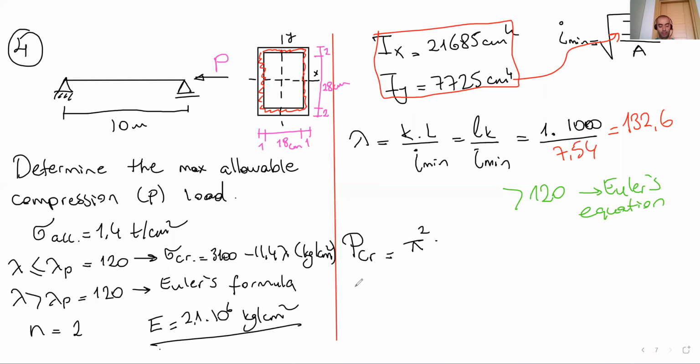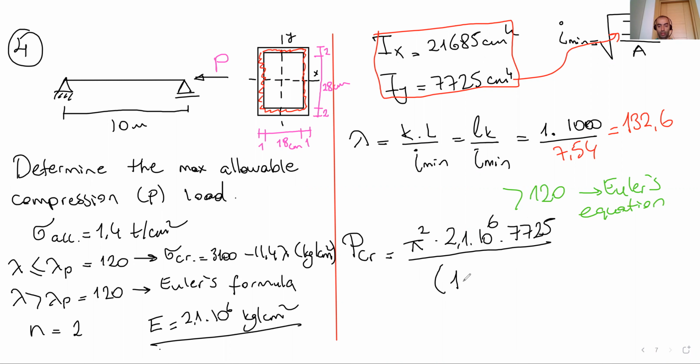Okay, P critical equals pi squared times E times I min over the buckling length squared.